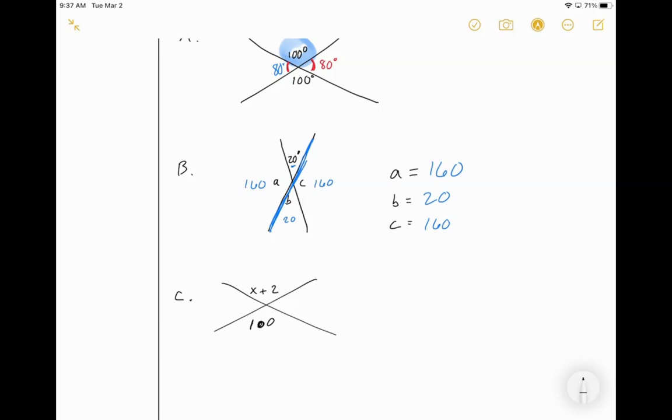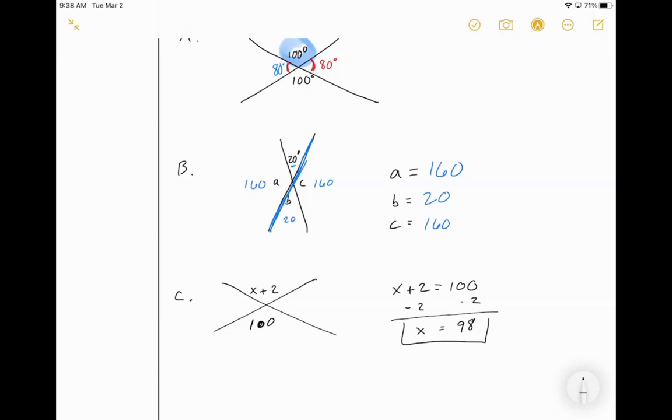All right, some of you guys are getting in the chat. Good job. You got a few more seconds. All right, excellent. Yeah, we know that x plus 2 has to equal 100. So then we can subtract 2 on both sides, and we get x is equal to 98.